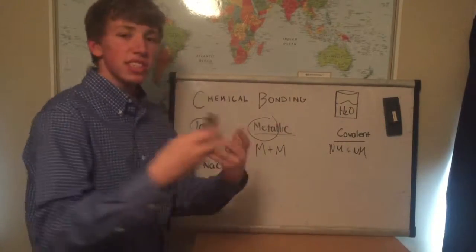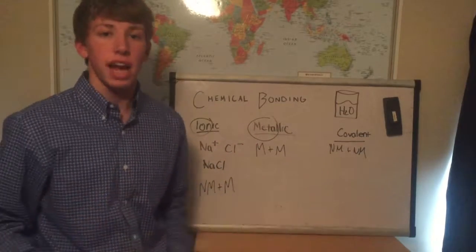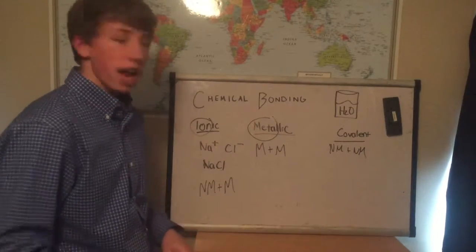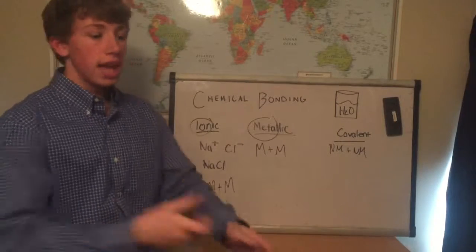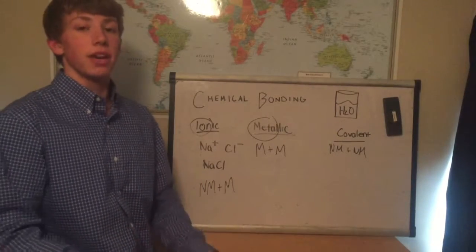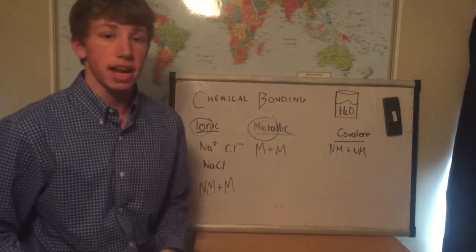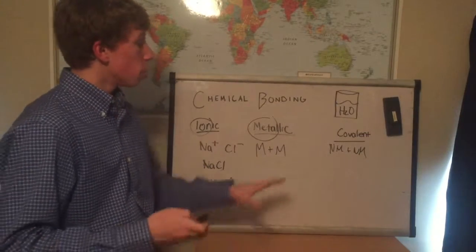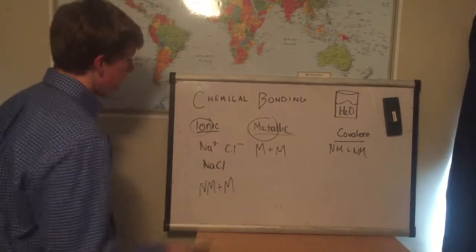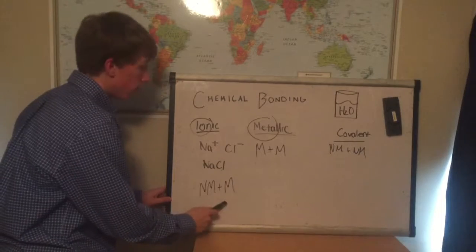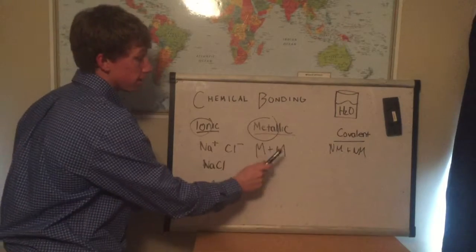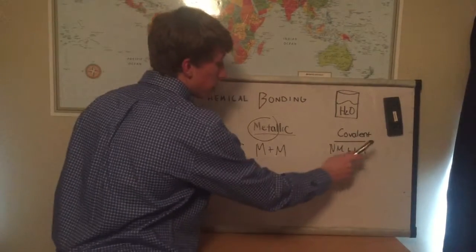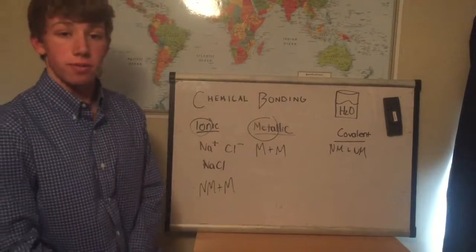So they basically share their electrons in order to satisfy their octet rule, alright? They have a collective between the two, and they join them together in order to form things like carbon dioxide and water, alright? So remember, recap: ionic is a non-metal plus a metal, metallic is a metal plus a metal, and covalent is a non-metal plus a non-metal. That's all you need to know.